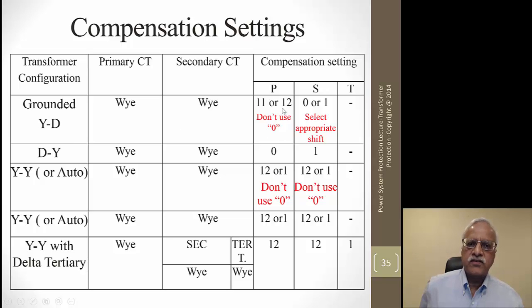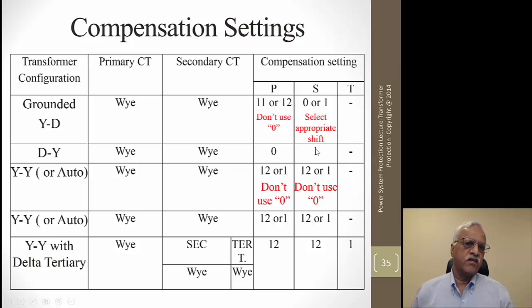So you have to remove the zero sequence for measuring purposes. So 11 or 12, and then 0 or 1, depending on it, because 0 is lagging 11 by 30 degrees, or 1 is lagging 12 by 30 degrees. So that is what we use. Okay. And then similarly, for delta y, we are using 0 and 1 because the delta side is y, and on the y side we are using 1.